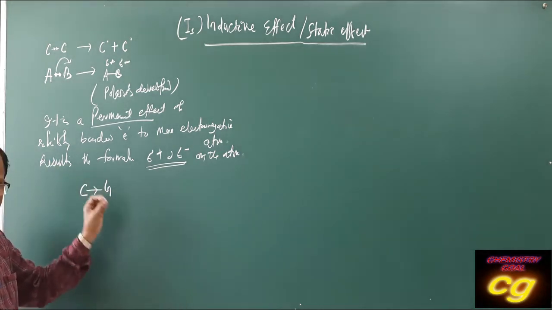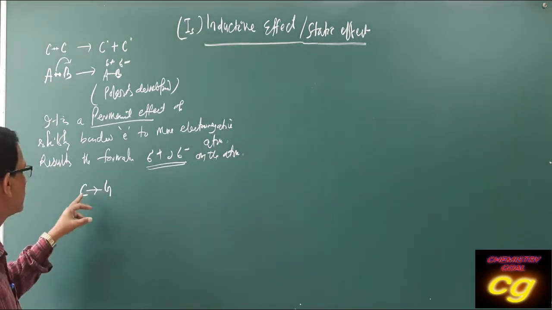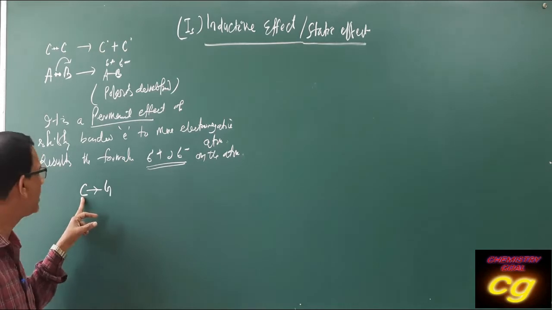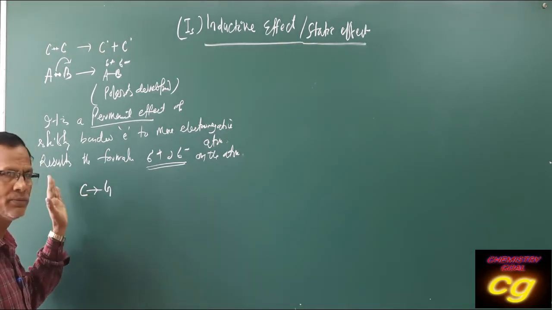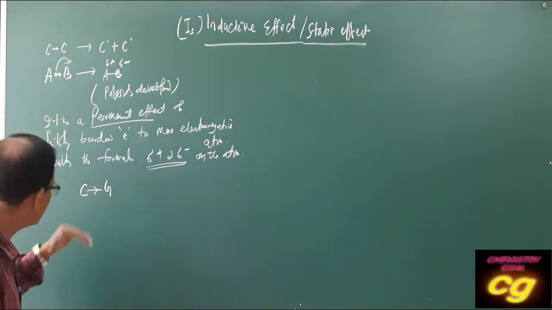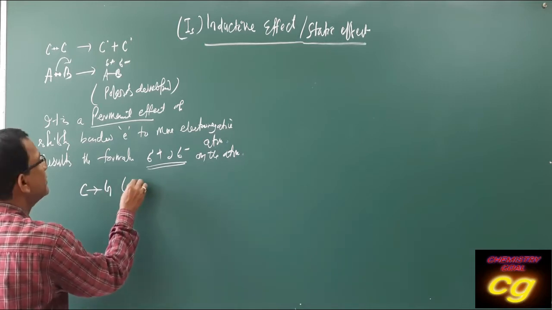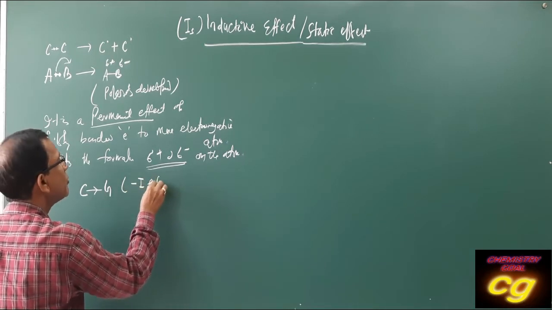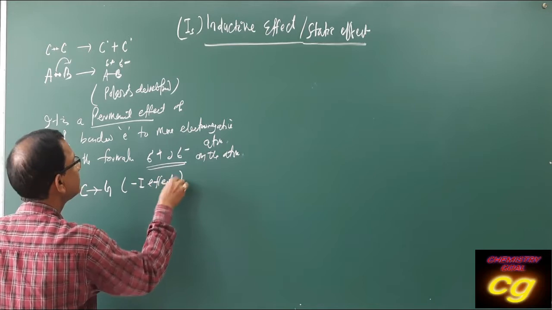Suppose G is the atom or group attached to the carbon atom of the organic compound. If the bonded electron is shifting towards the group, it is called the minus effect.